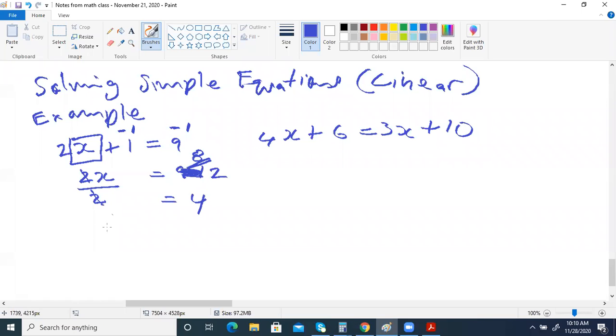So we have x by itself on one side of the equation, and a number on the other side. So x equals 4 solves this equation up top, right?